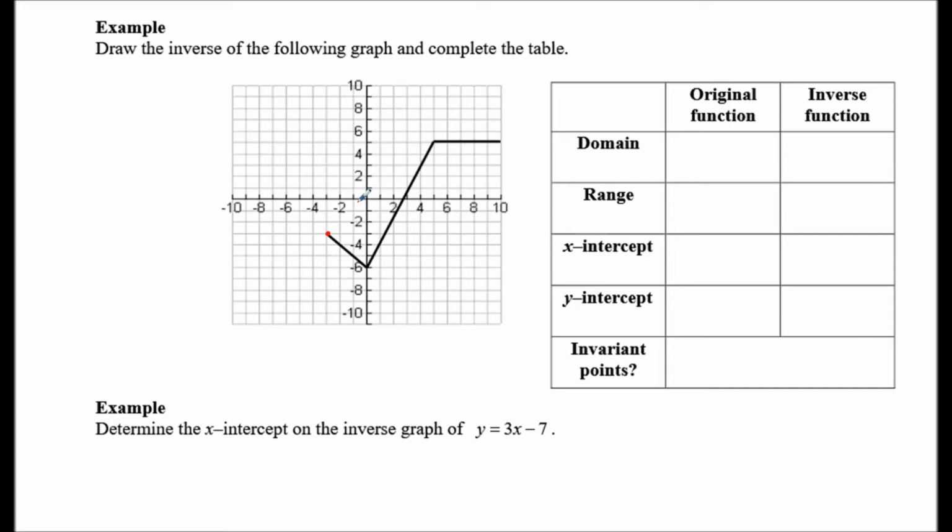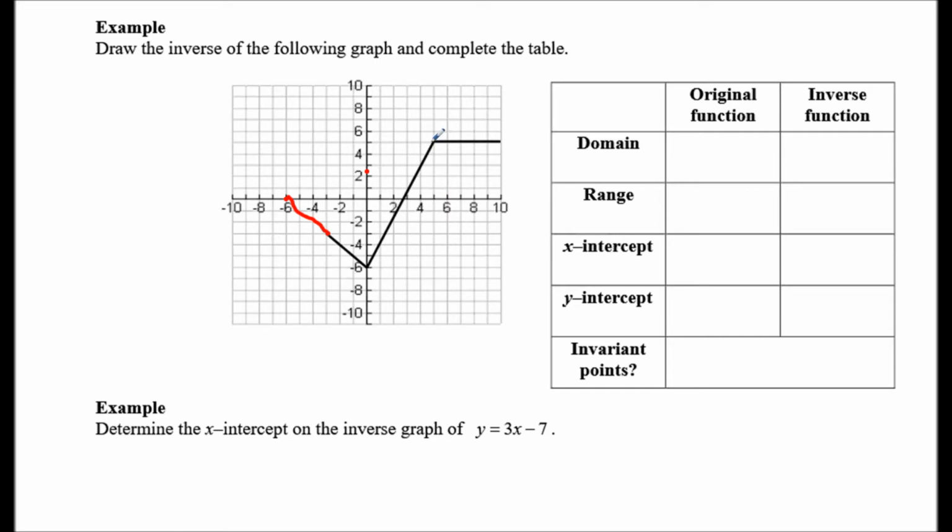Right here is 0, -6. Well, won't that become -6, 0? So I can connect these two dots right there. This point right here, it doesn't look like I have a very nice point, but it's about, let's say, 2.8, 0. Well, that'll become 0, 2.8. Right up here becomes 5, 5.